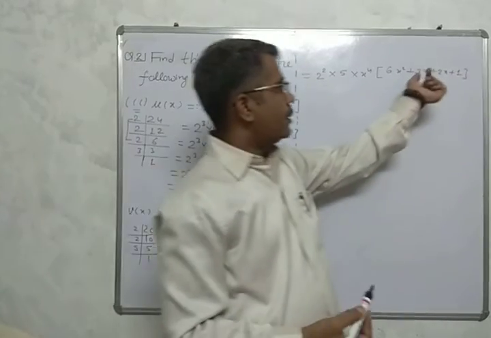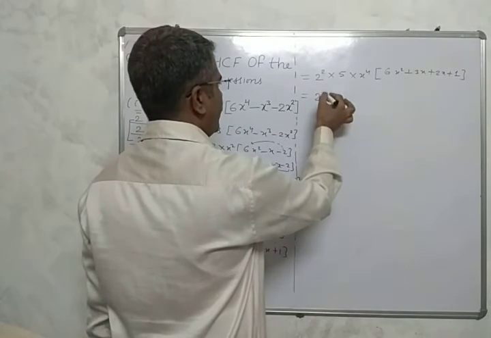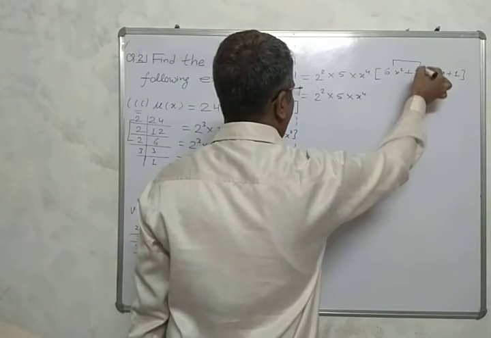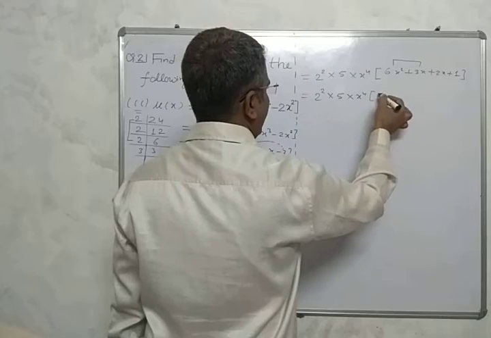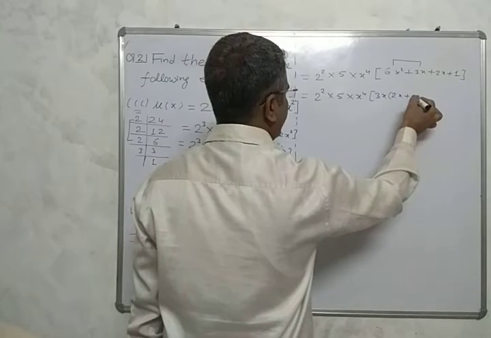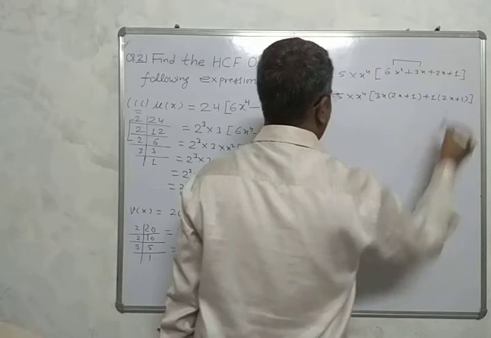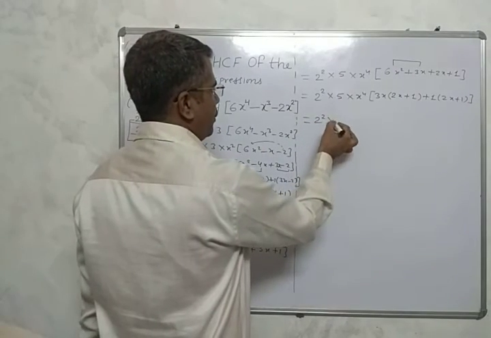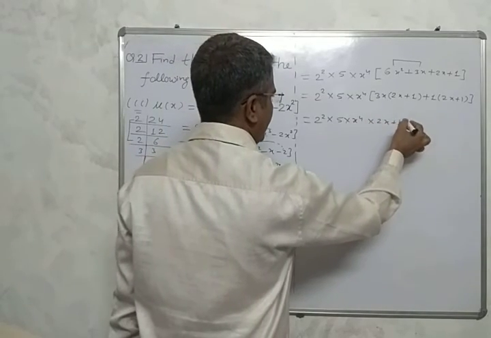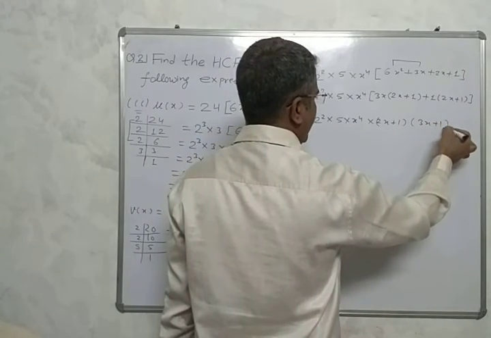If we multiply 3 into 2, 6. 2 to the power 2, 5 into x to the power 4 as it is. If we take 3x common from the first two terms, we have 2x plus 1. Again 1 is common in the last two terms, we get 2x plus 1. 2 to the power 2 into 5, x to the power 4 into 2x plus 1 common and 3x plus 1 as it is.